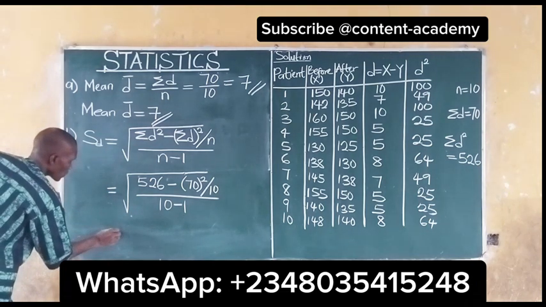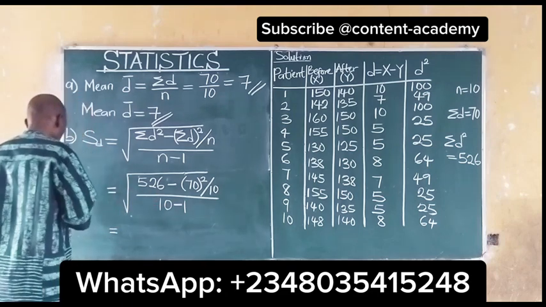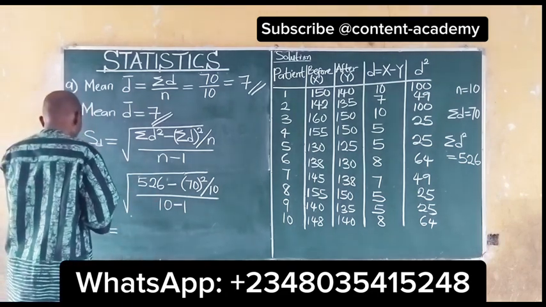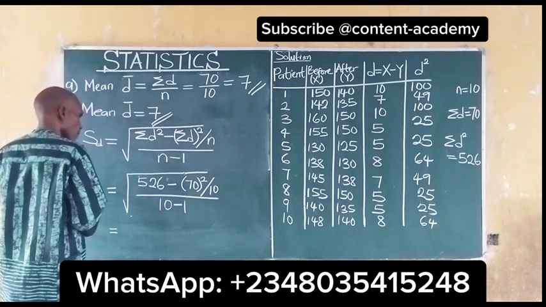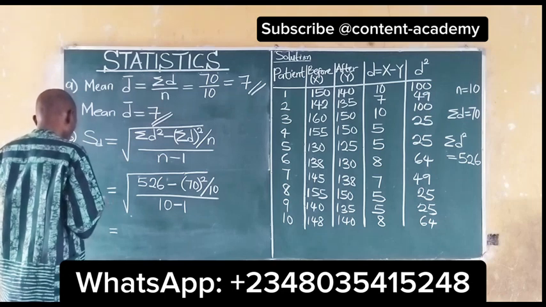This is equal to 70 squared divided by 10.